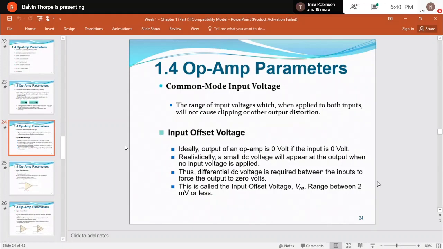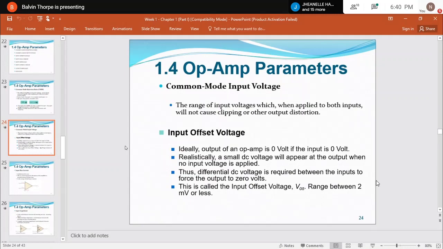Normally, the output of an operational amplifier is 0 if the input is 0, right? But realistically, a small DC voltage will appear at the output when there is no input applied. Remember? And thus a differential DC voltage is required between the inputs to force the output voltage to be 0.